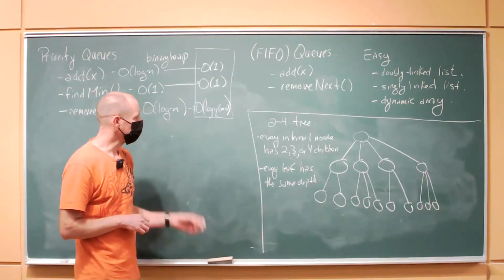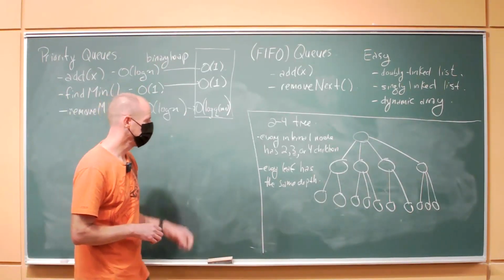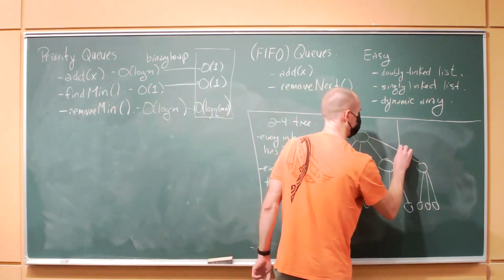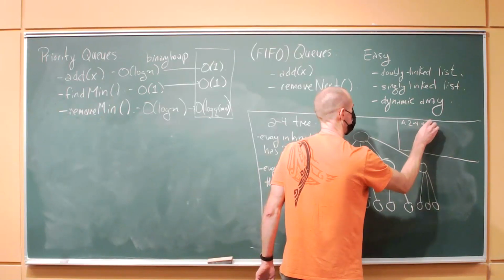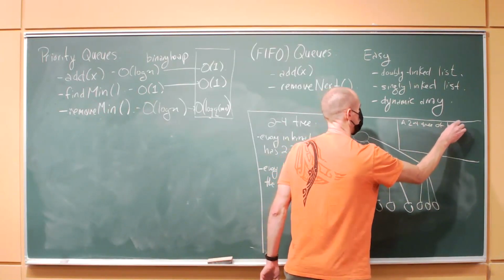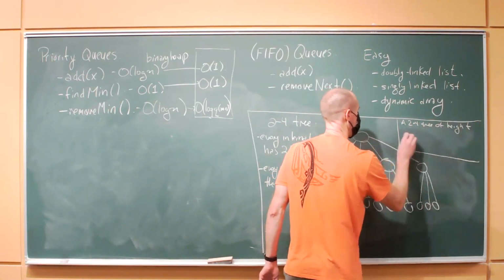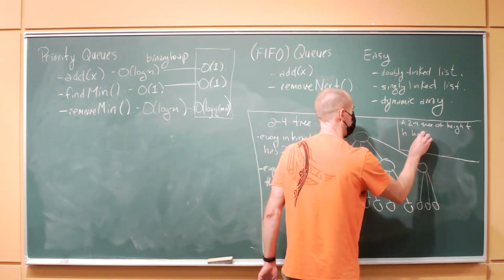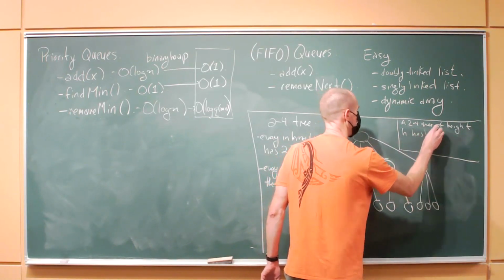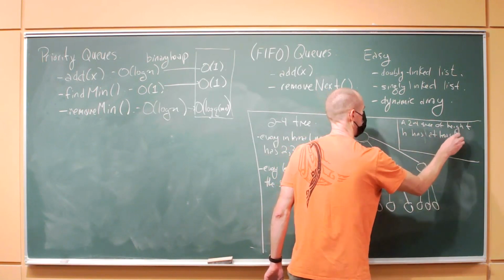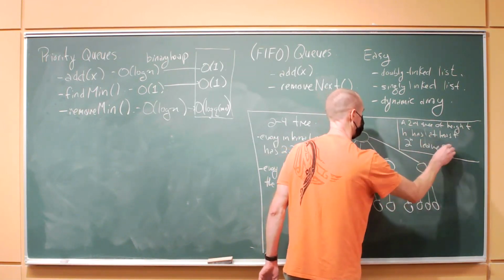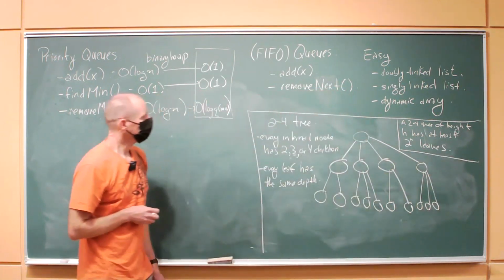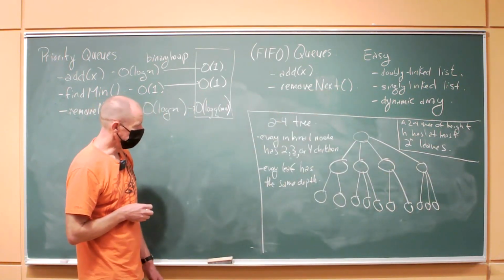And an important property of a 2-4 tree, I'll write it down here. A 2-4 tree of height h has at least 2 to the h leaves. Why is that?